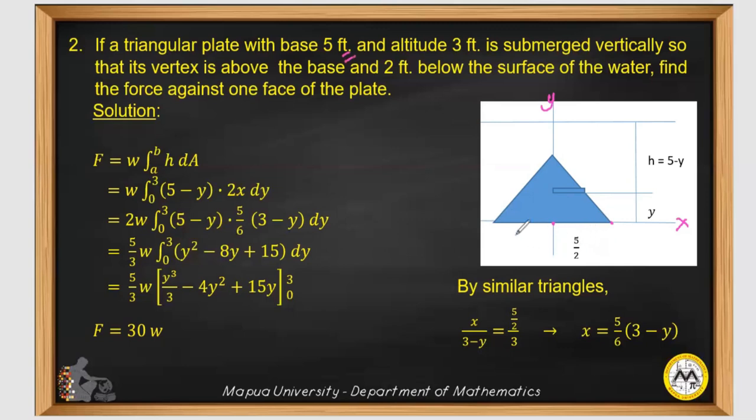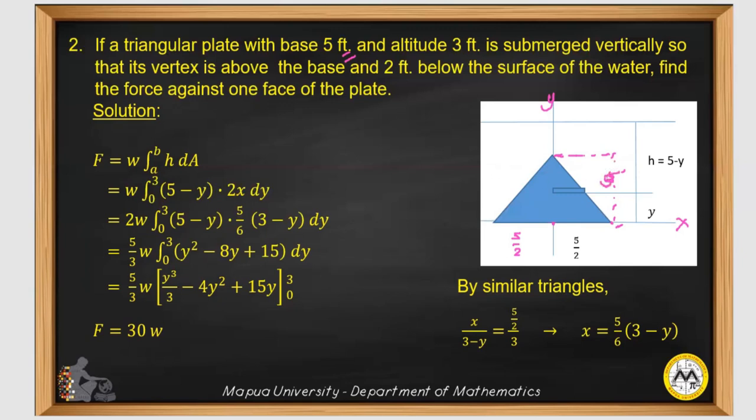So this is 5 over 2, and this is also equal to 5 over 2. And the height of the plate is, oh sorry, this is 3 feet rather. This is 3 feet, the altitude.